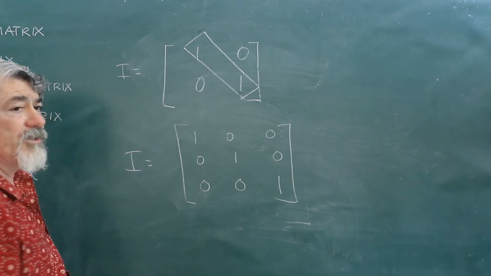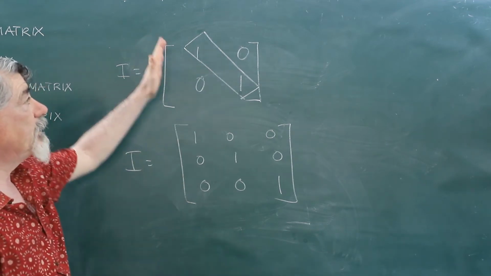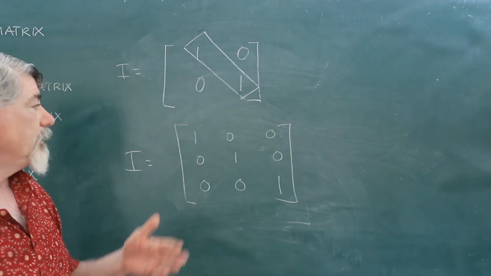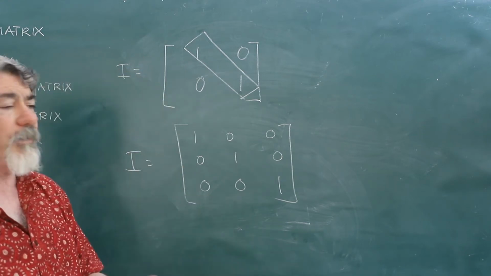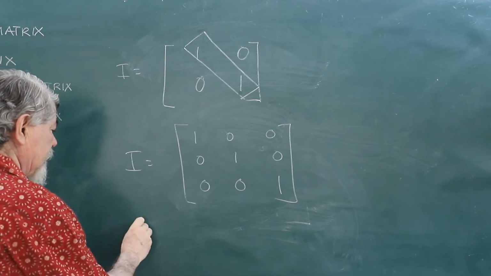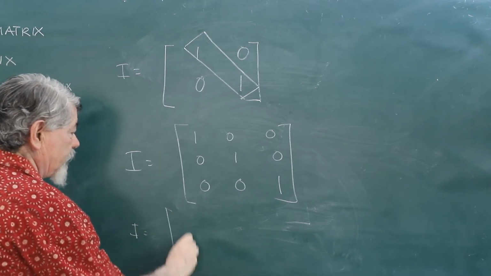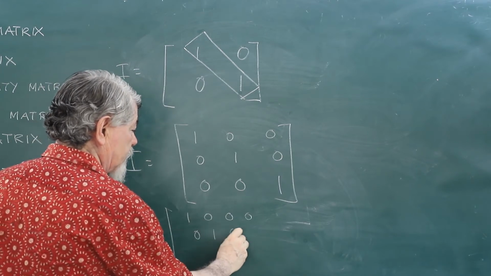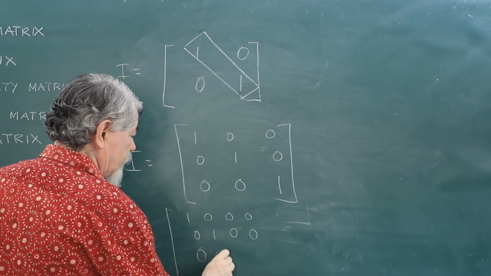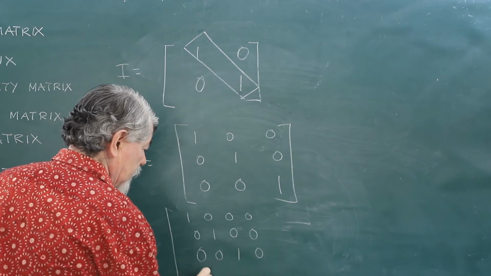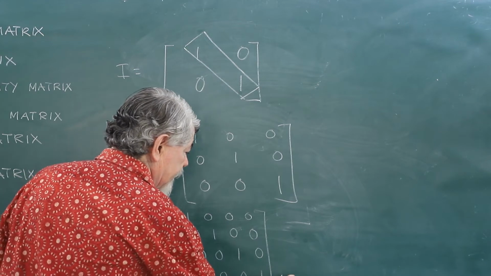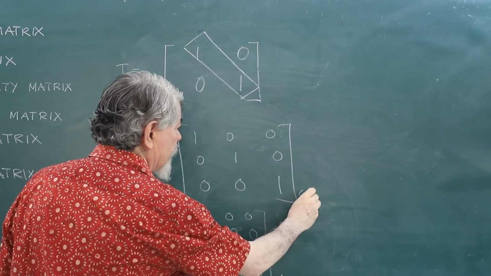But it has to be a square matrix because a diagonal is only possible when it is a square matrix. Time and again I am repeating the same thing. For example, 1, 0, 0, 0, 0, 1, 0, 0, 0, 0, 1, 0, 0, 0, 0, 1. It is a 4 into 4 matrix, 4 rows and 4 columns.